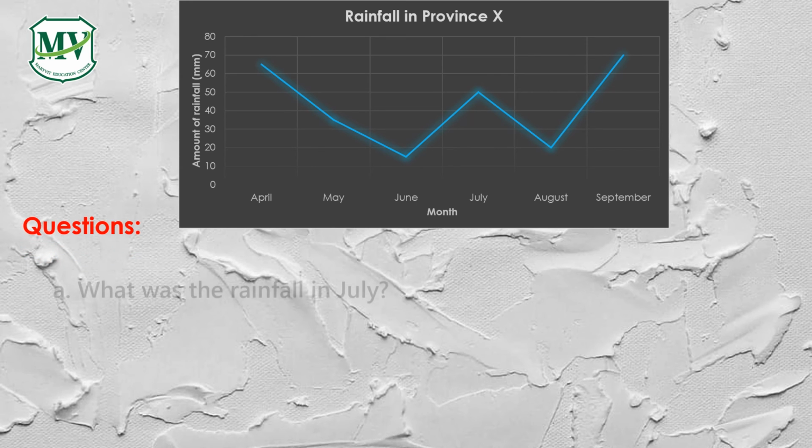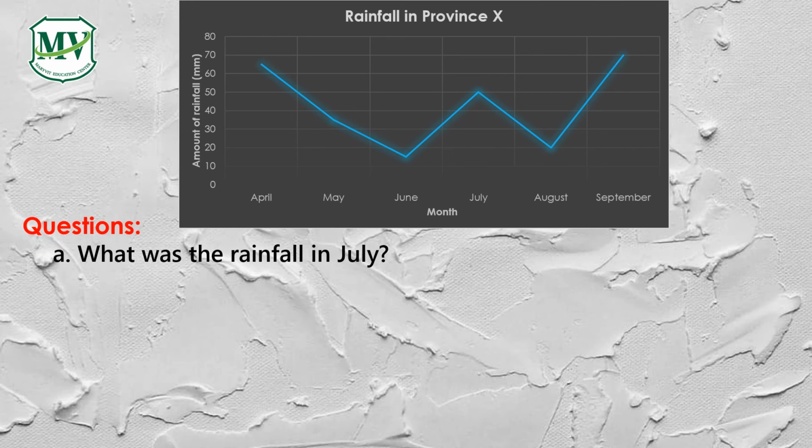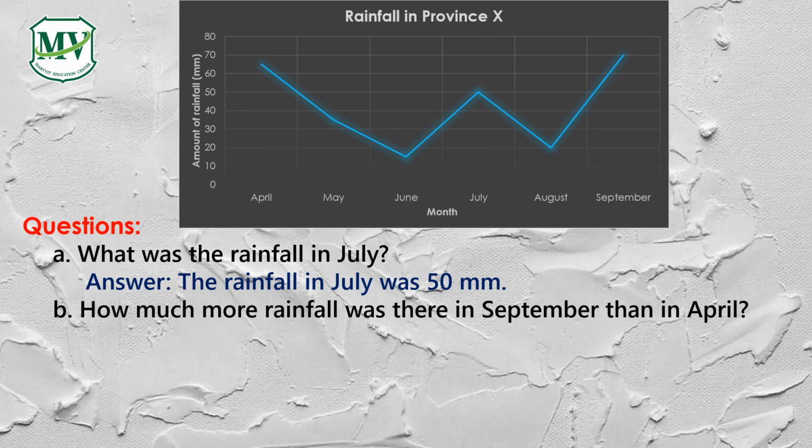Question number 1. What was the rainfall in July? The answer is 50 millimeters. Letter B. How much more rainfall was there in September than in April?